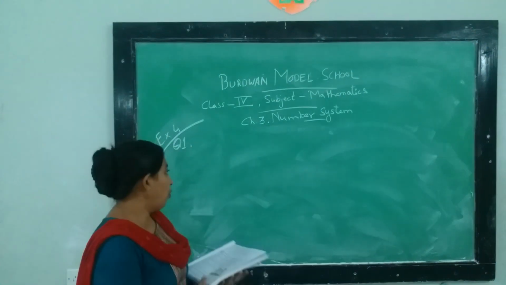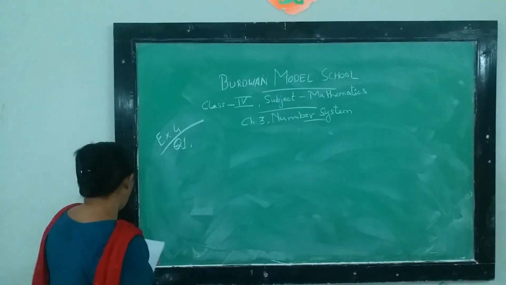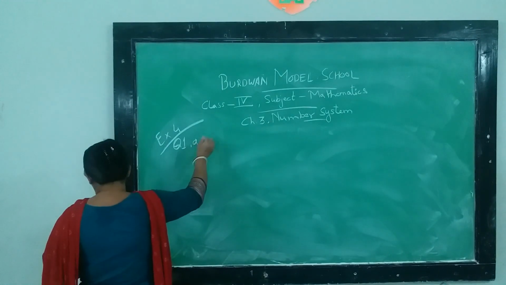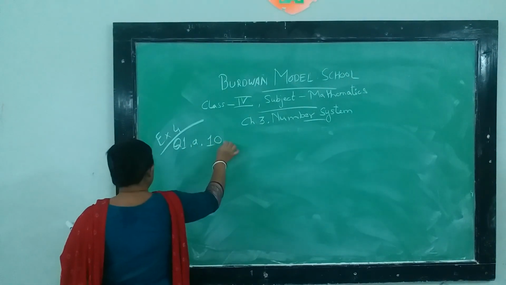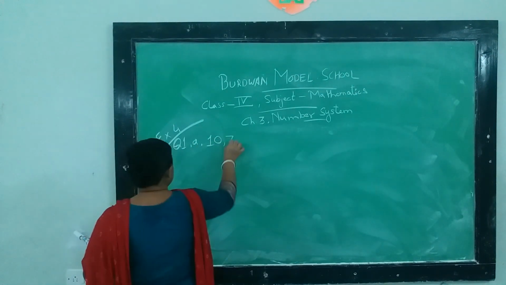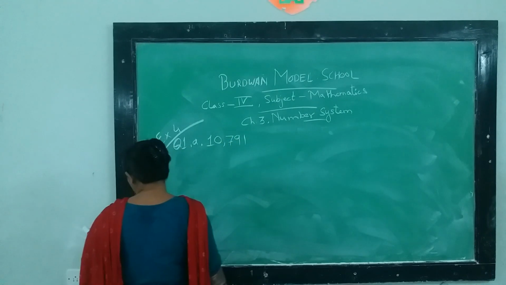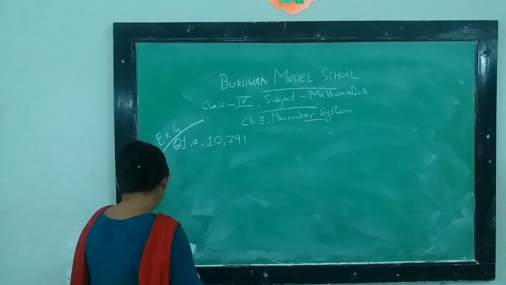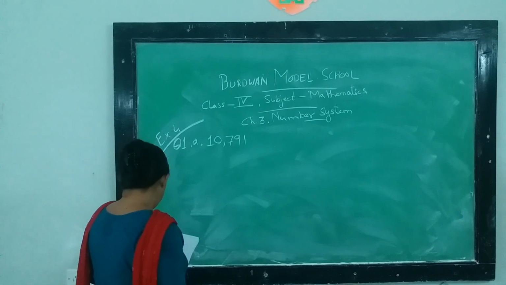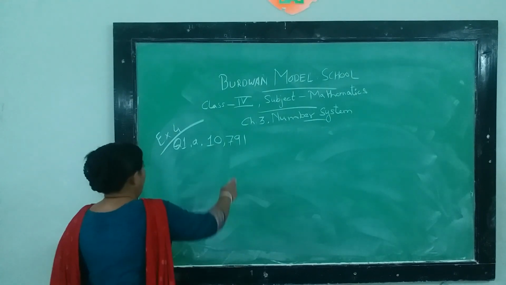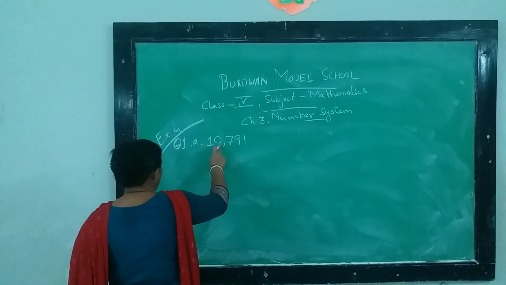Question number 1A is 10,791. Ones, tens, hundred, thousand, 10,000.